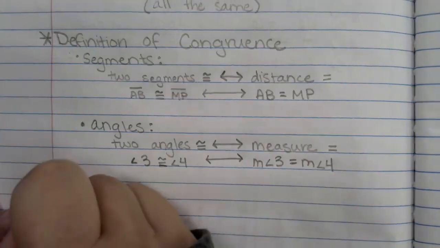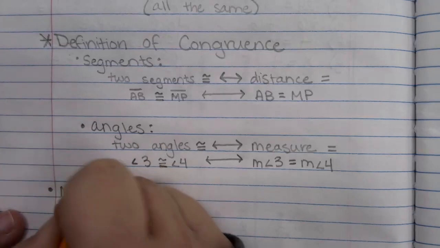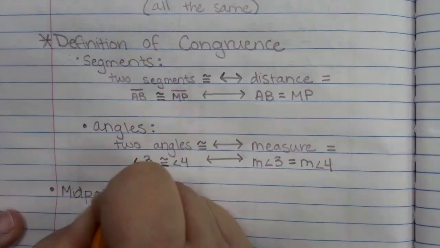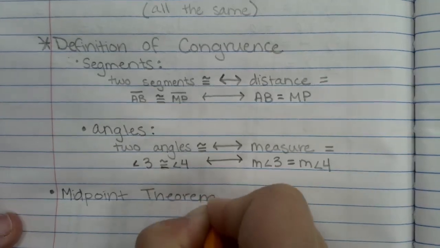All right, last one before we start our actual proof is the midpoint theorem, which you already know. We're just going to rewrite it so that it's in these notes so that we can look back at it when we need it.